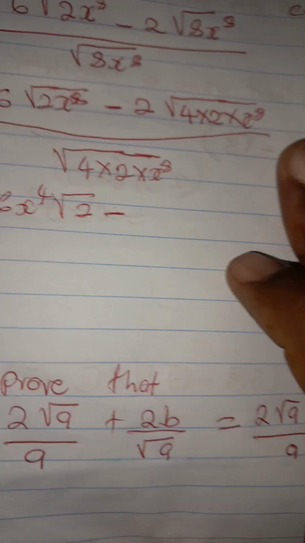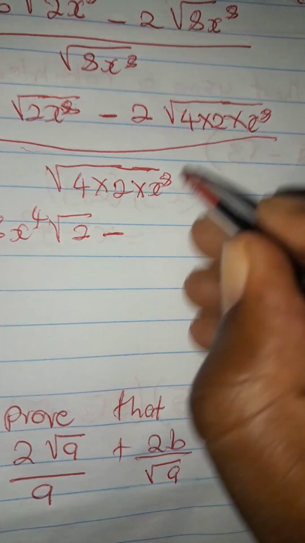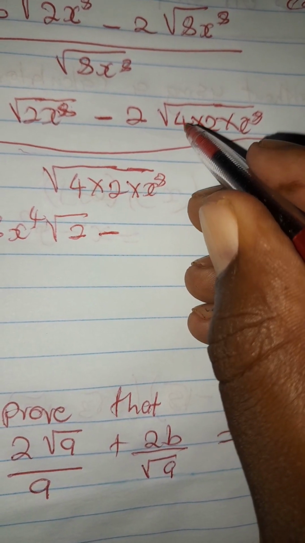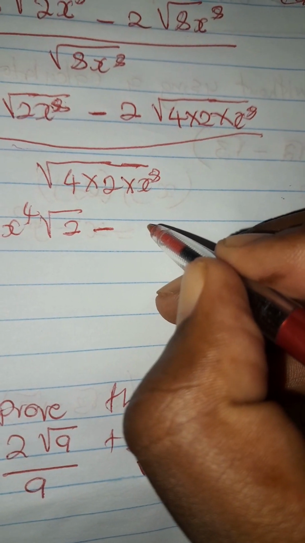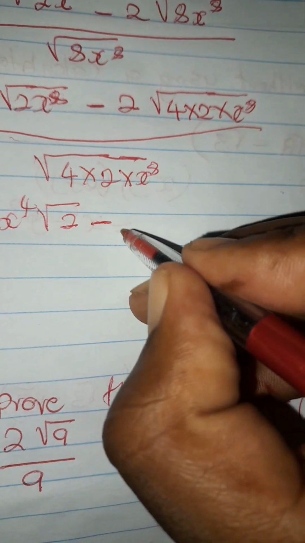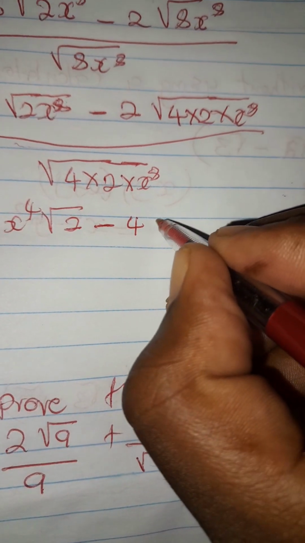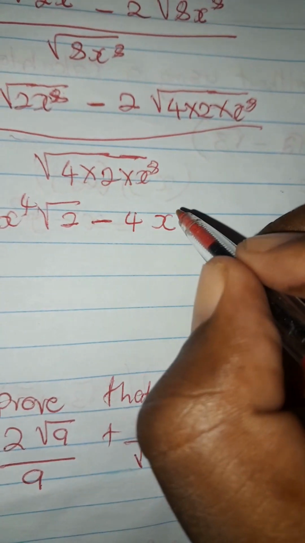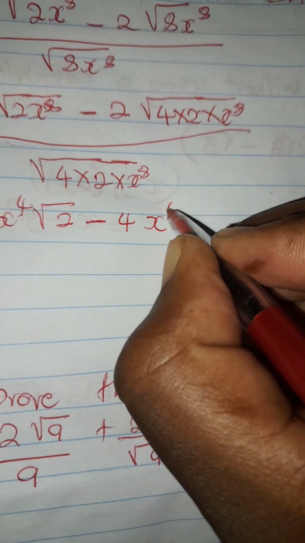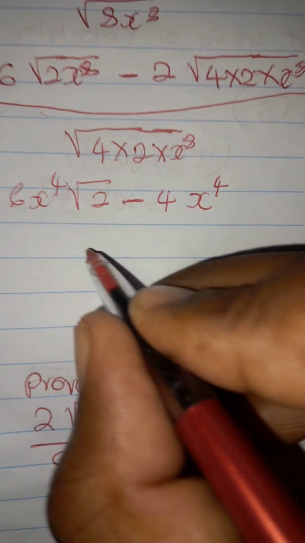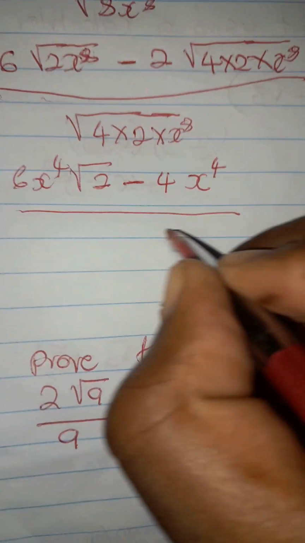Okay, similar thing here. What is the factor? Square root of 4, that's going to be 2, multiplied by 2, that's going to be 4. When you get rid of x to the power of 8, it's a similar approach to what we did there. So we are going to have minus 4x to the power of 4, right?